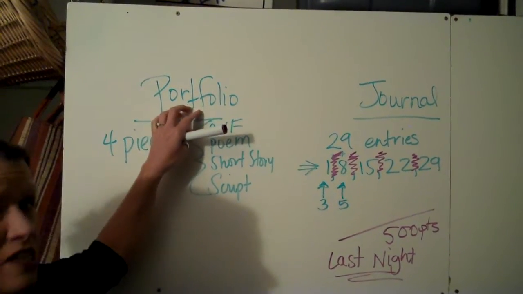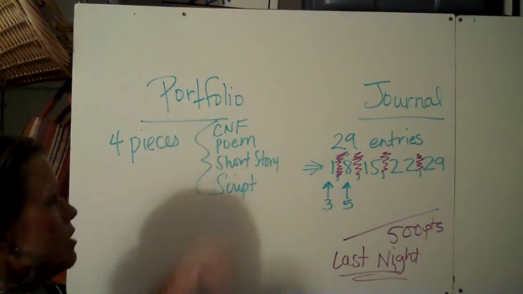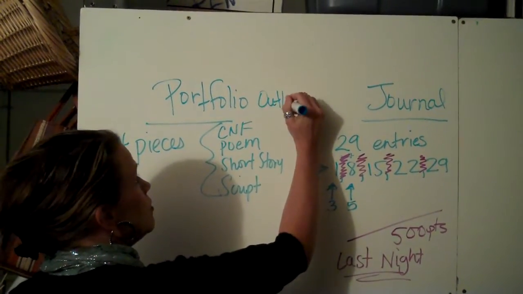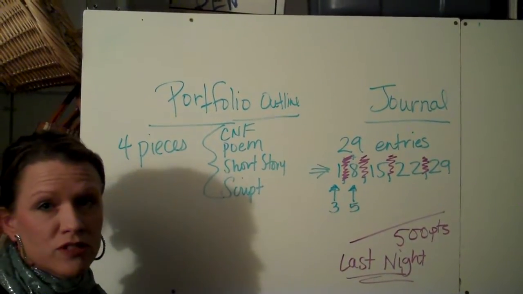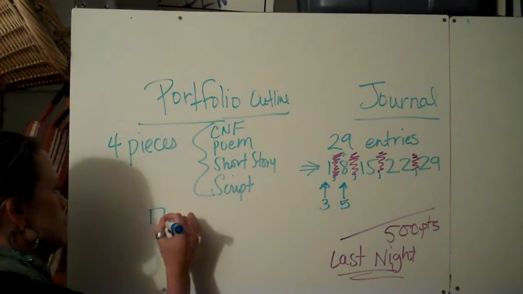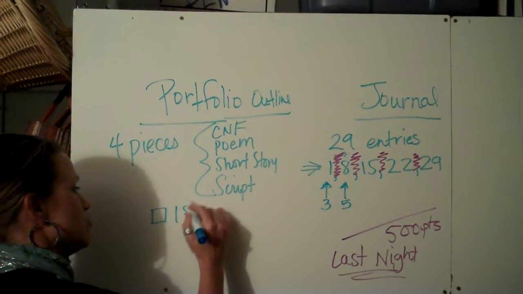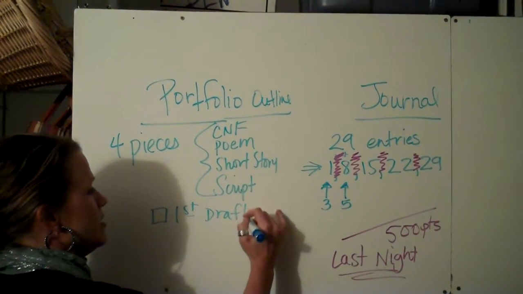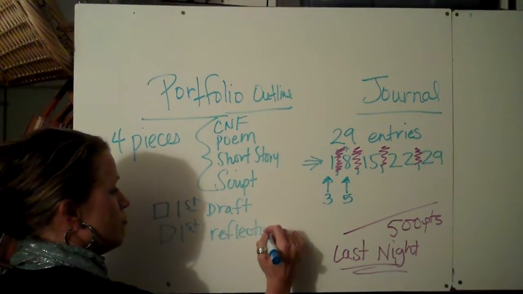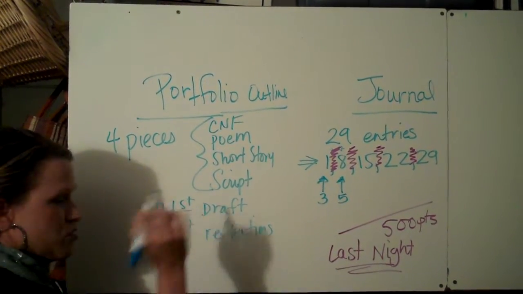So for a more specific description of this, I want you to go to the portfolio outline that is a resource also on this Moodle site right now. And it actually lays it out for you in checklist format. So there's a little box, and then it tells you your first draft, and then it tells you your first reflections. And it actually goes through with little boxes for you to check off.